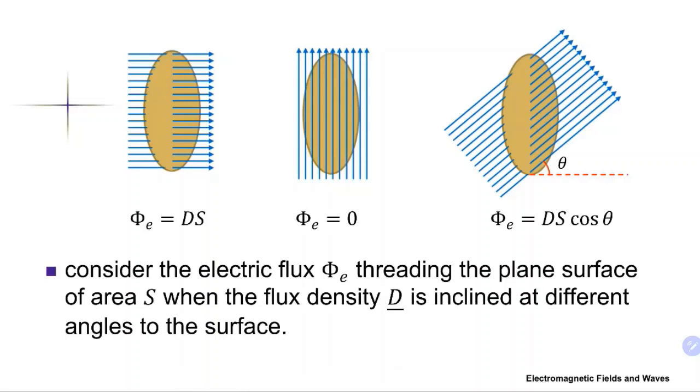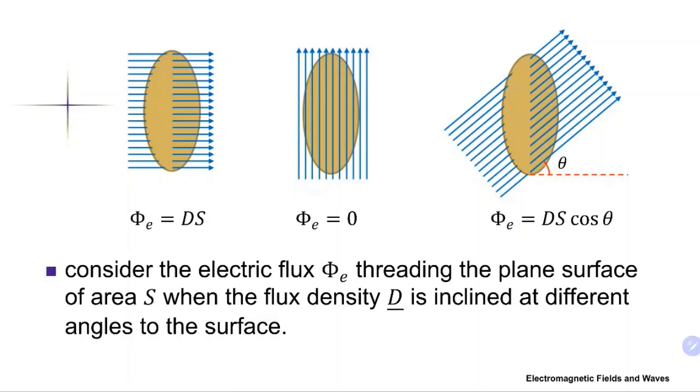So to put that into perspective, if I have an area, okay, so this is my area, my electric flux density is how many of my field lines are going through this area that I have.